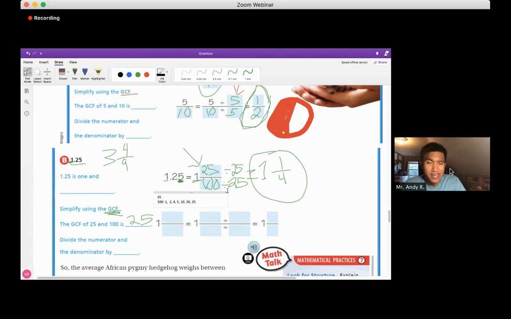Oh, and then when you find out 25 is a factor, and for 25 itself, 25 is a factor of 25. So we can see that the greatest common factor for both of these numbers is 25.